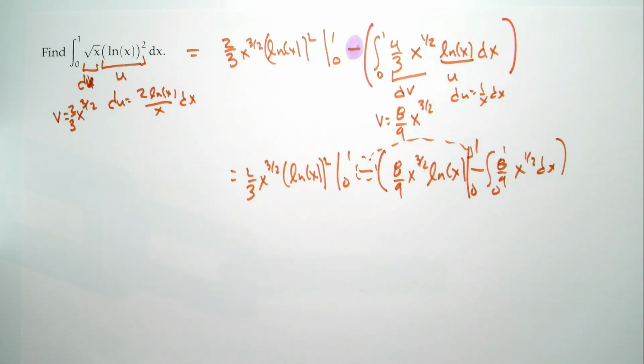Well, you hope it goes to 0, and oftentimes these will, but how could you be sure? Use a limit and use L'Hopital. All right, you don't always have to use L'Hopital for an improper integral, but if you don't know what to do, that can help.